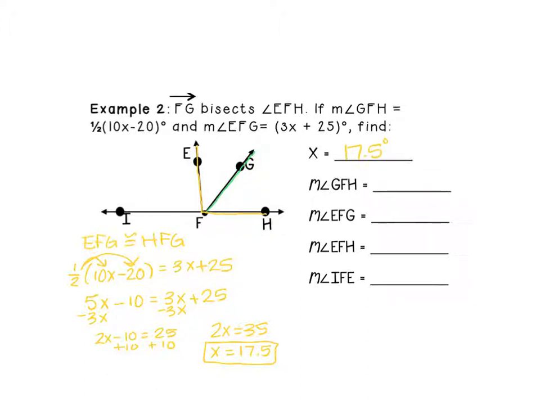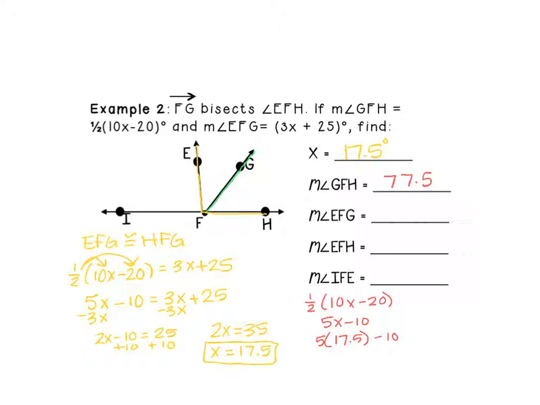But now it also asks me to find some other angles. So it asks me to find GFH, which is 1/2 times 10x minus 20, or 5x minus 10, so 5 times 17.5 minus 10, which is going to give me 77.5.